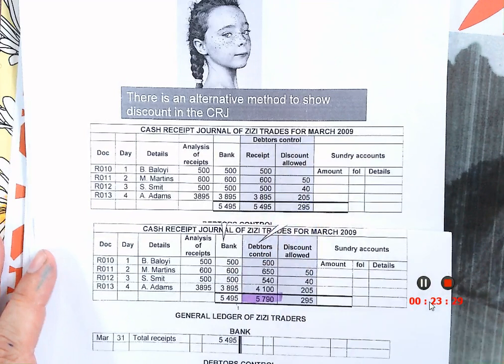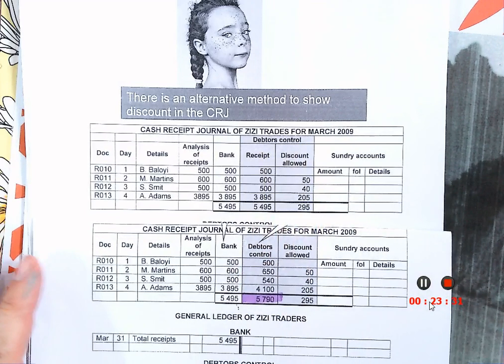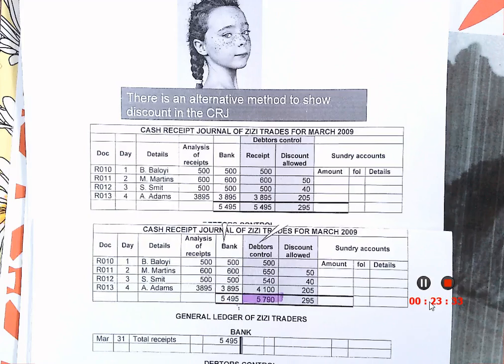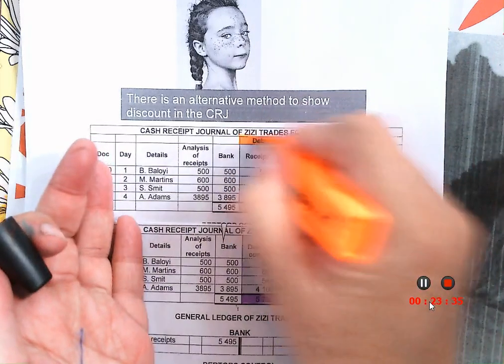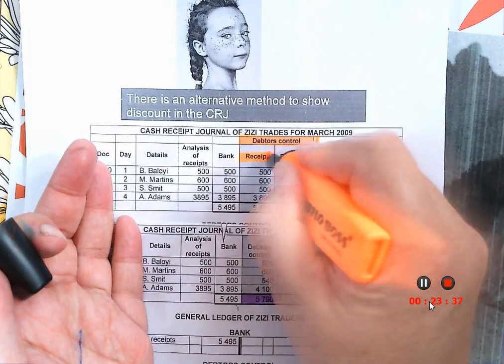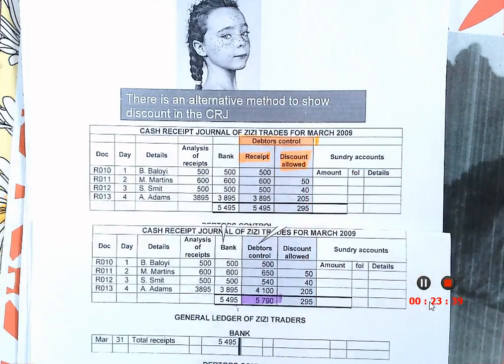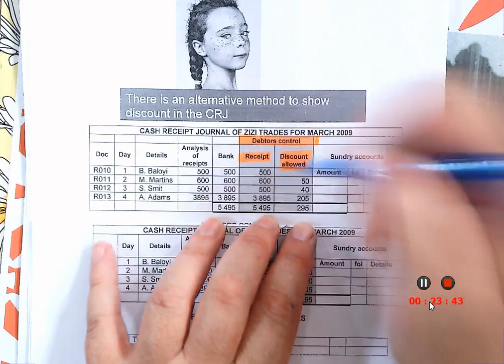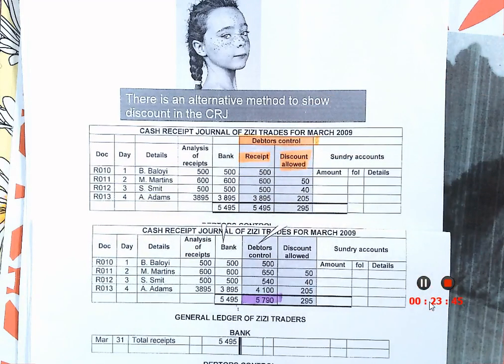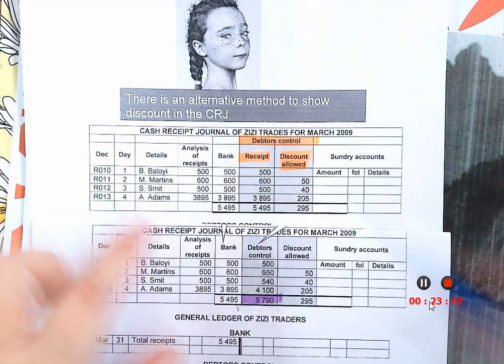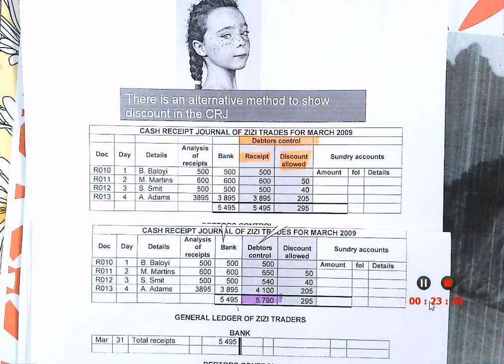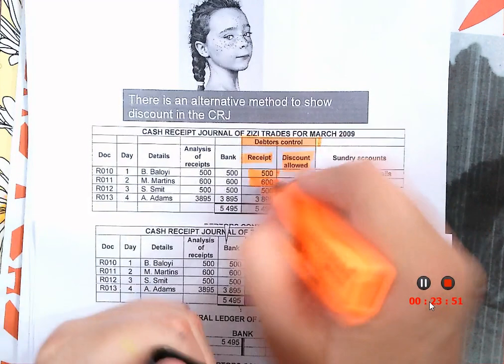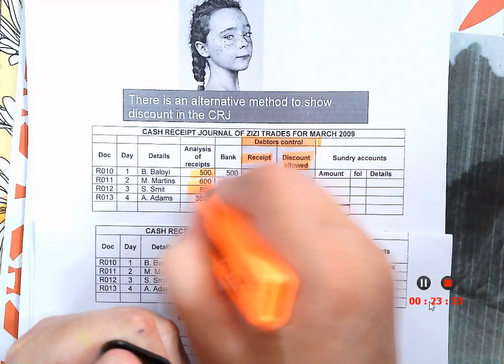In other words, I'm splitting the debtors control into two columns, and I call it receipt and discount allowed. So receipt would be literally the money that I received. You will see that those amounts will always be equal to the amount that goes into the bank. Can you see that?